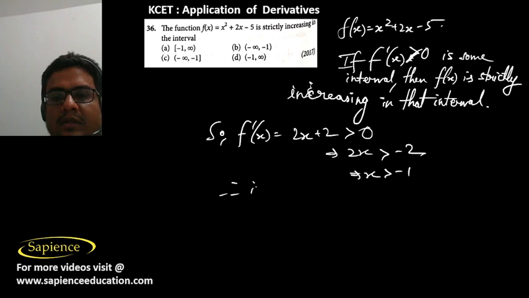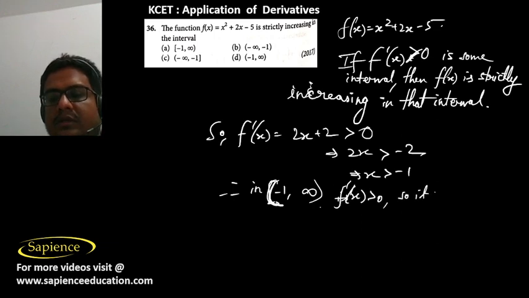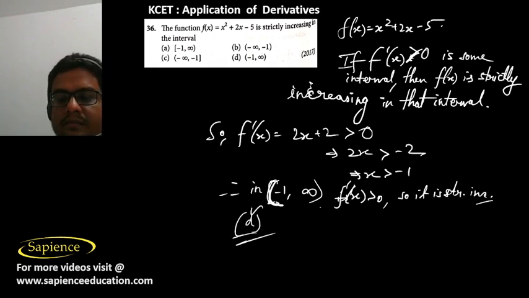Therefore the open interval minus 1 to infinity, f dash x is greater than 0, f is strictly increasing in that interval. Option D is the correct answer.